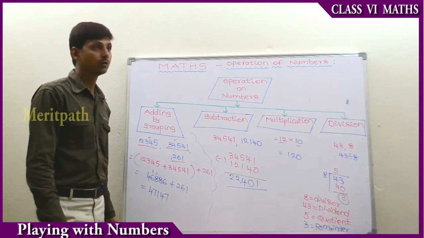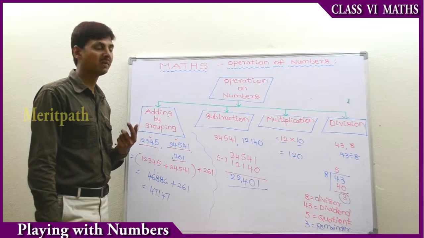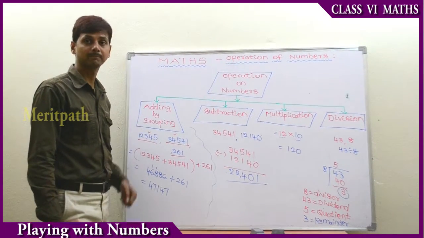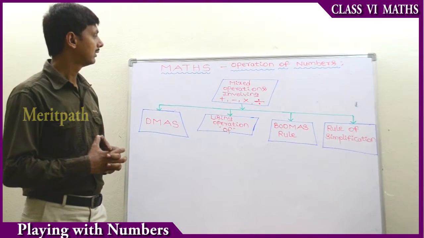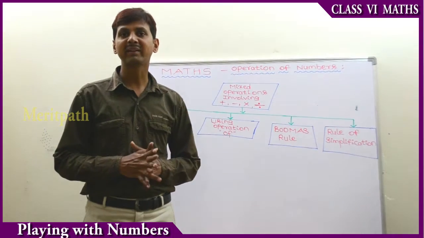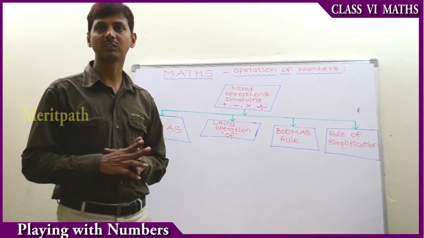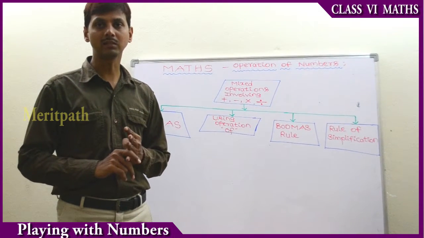Up to now we have discussed operations on numbers, the four arithmetical operations: addition, subtraction, multiplication and division.